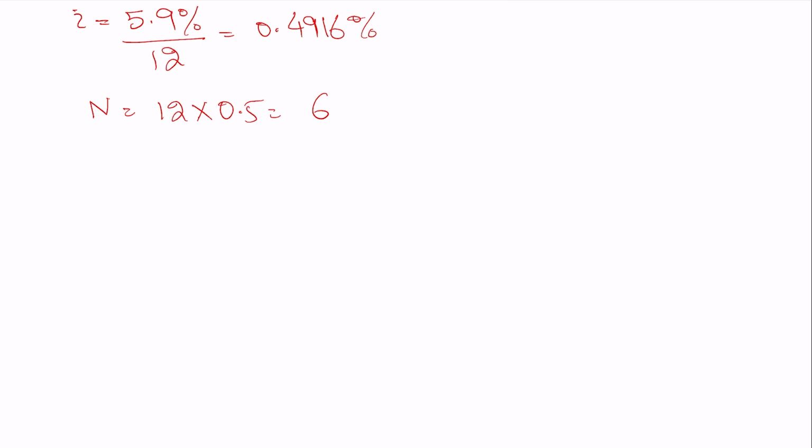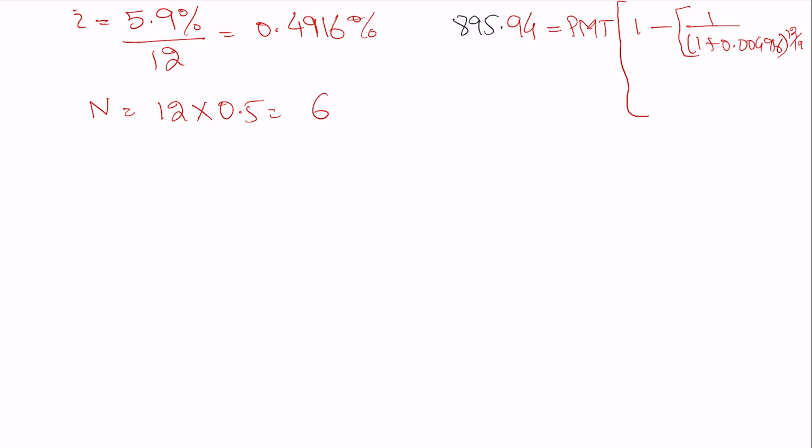So 895.94 is equal to PMT multiplied by 1 minus 1 over 1 plus 0.004916 exponent 12 by 12, the whole exponent being 6, divided by 1 plus 0.004916 exponent 12 by 12 minus 1, and this whole bracket is closed. So PMT, what we get is 151.90.